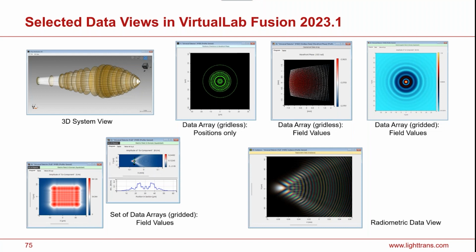It means you use radiometric data like intensity or irradiance, and you calculate from this via the rules of colorimetry the color, the human perception color view, and that is what we can do in the radiometric data view, which is showing in false color or in real color. Real color means a human perception color.